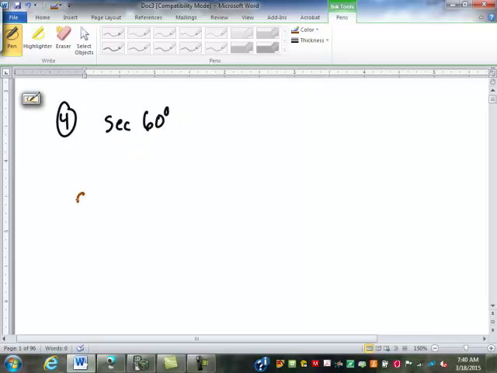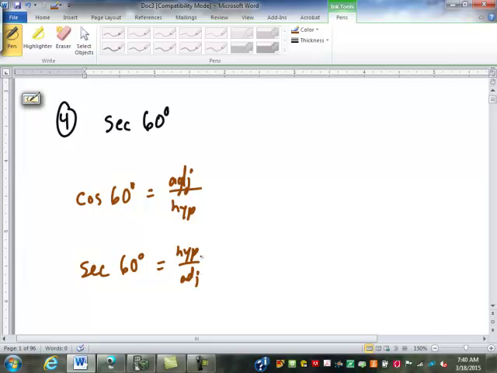The cosine of an angle is the adjacent side compared to the hypotenuse. The secant of an angle, I'm just throwing in 60 again, is the hypotenuse over the adjacent side. They're reciprocals.